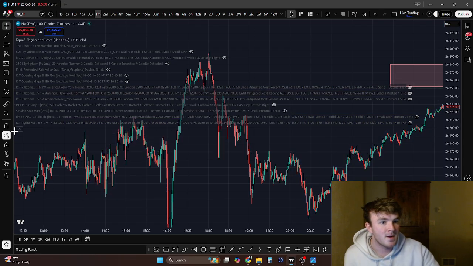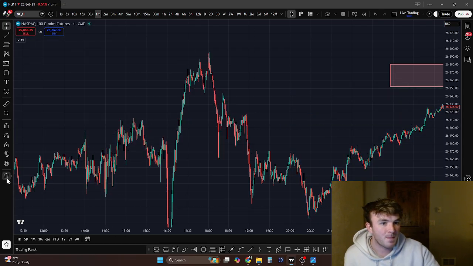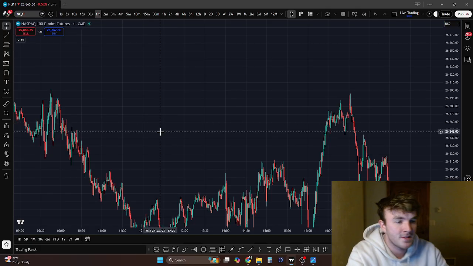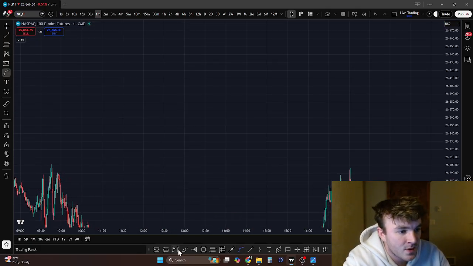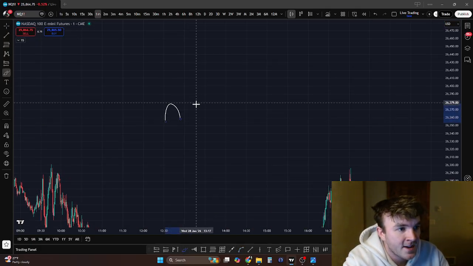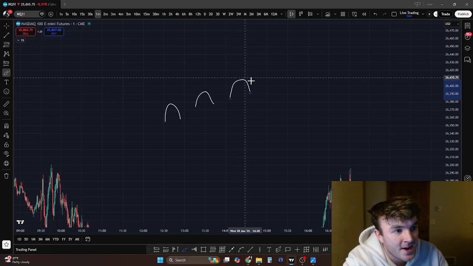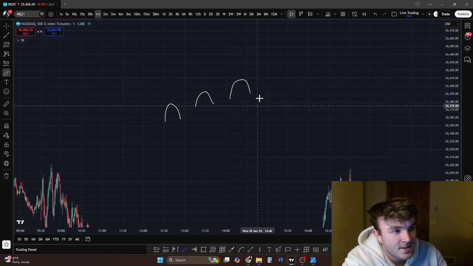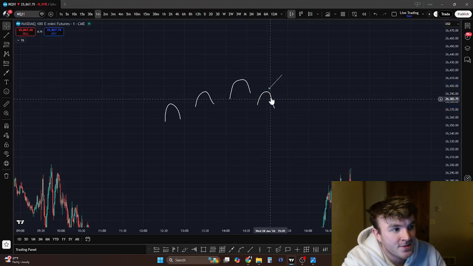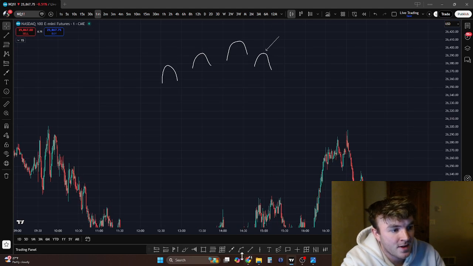When the market pushes up, it forms a high, a higher high, and then another higher high, then comes lower and forms a lower high. This lower high is going to be very sensitive before a very aggressive expansion lower, right?